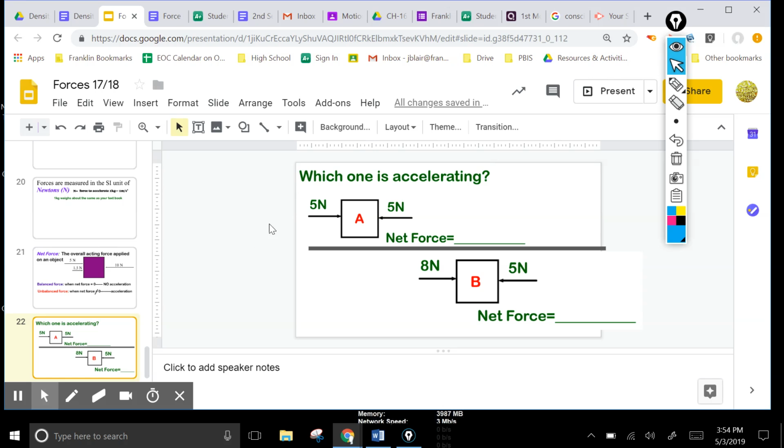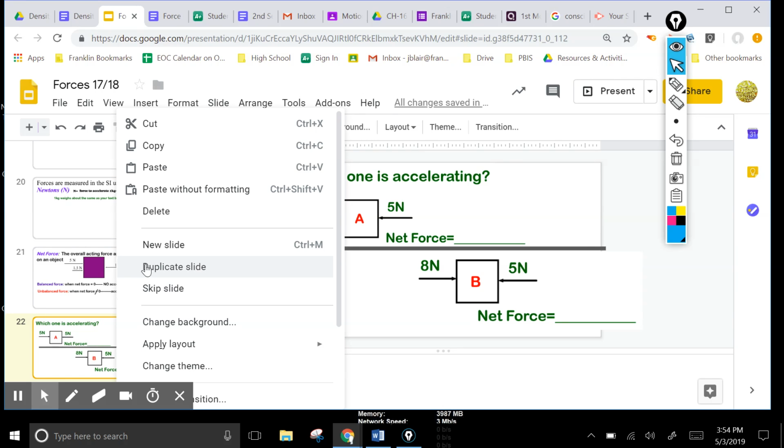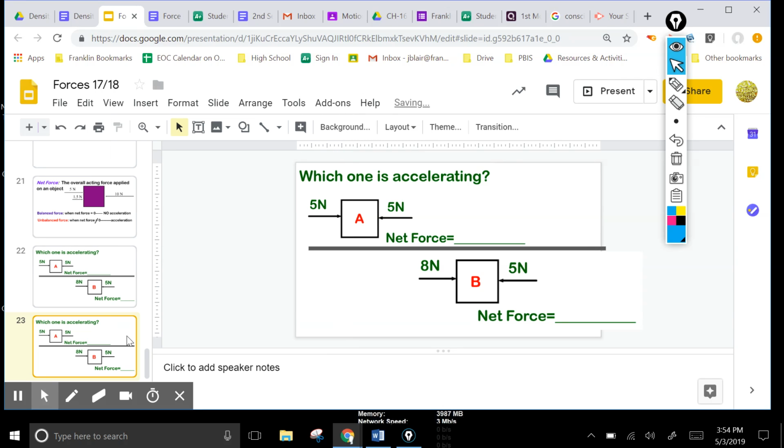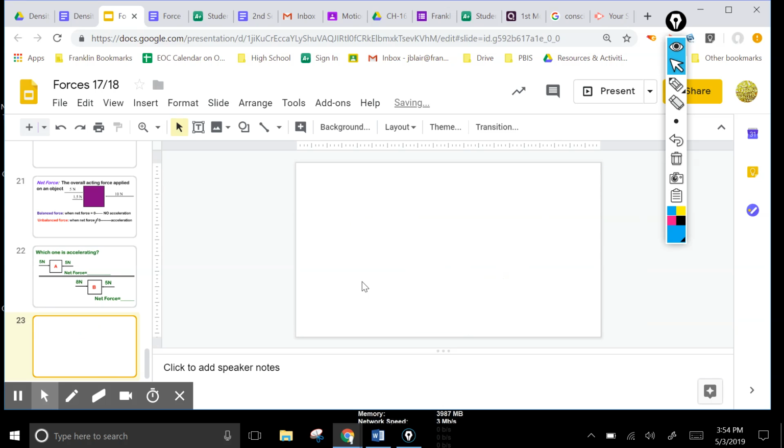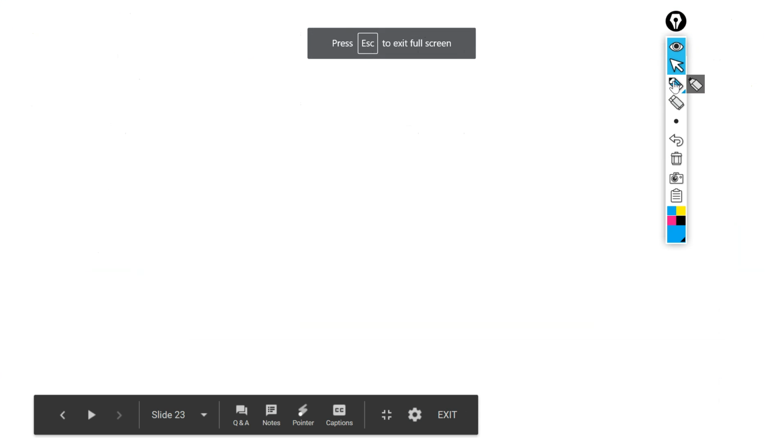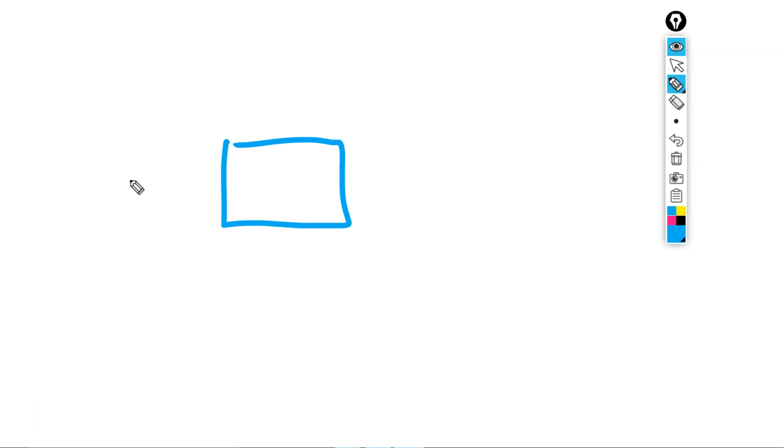So on a piece of paper, I need you to turn in the answer to these questions. Question number 1. What is the net force acting on this object if you've got 5 newtons to the right? This is question number 1 on your own paper.